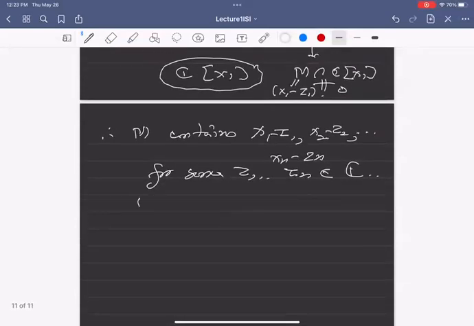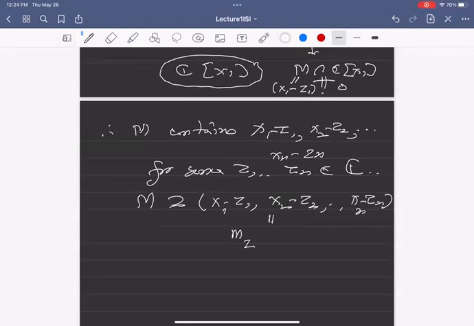Once this maximal ideal contains some polynomials, it will contain the ideal generated by those polynomials, because M is an ideal. So it contains the ideal generated by x1 minus z1, x2 minus z2, up to xn minus zn. Let us call this mz, where z is the n-tuple z1 up to zn.